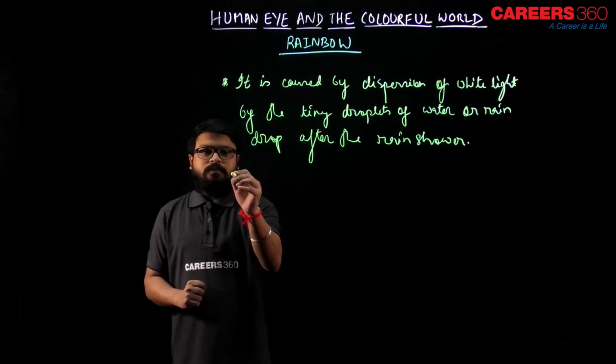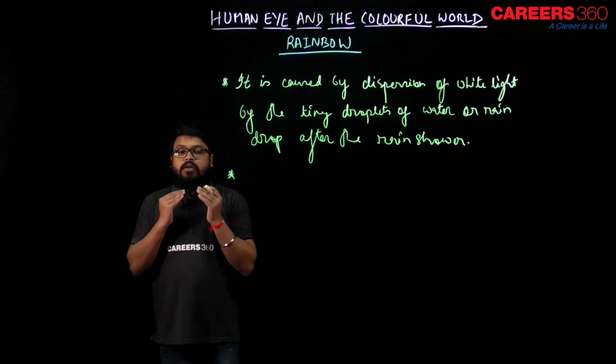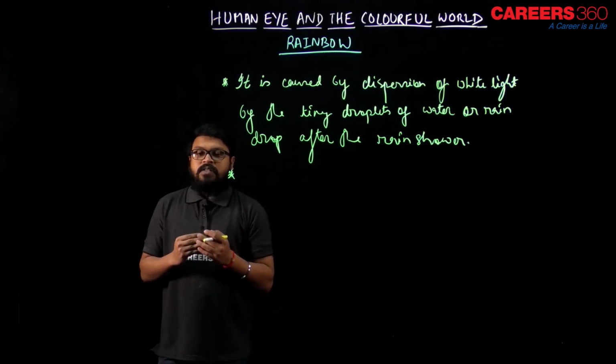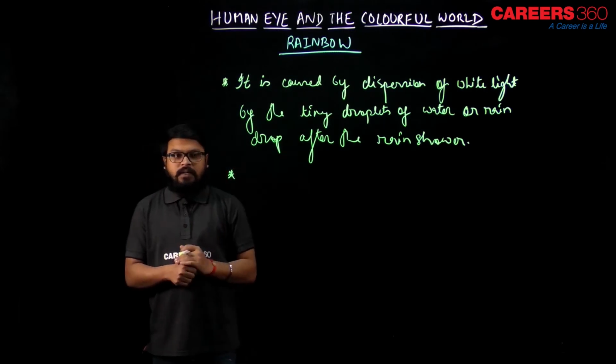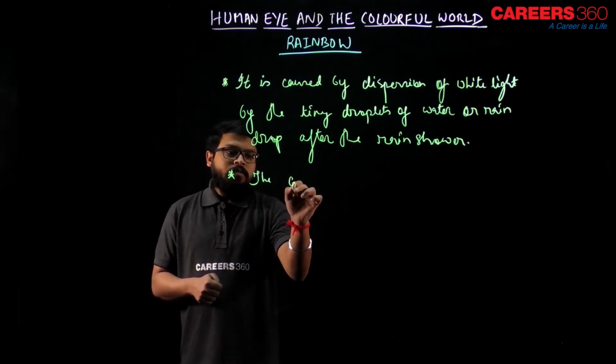Second point: in order to observe the rainbow in the sky, the observer must have the sun on his back side, okay.